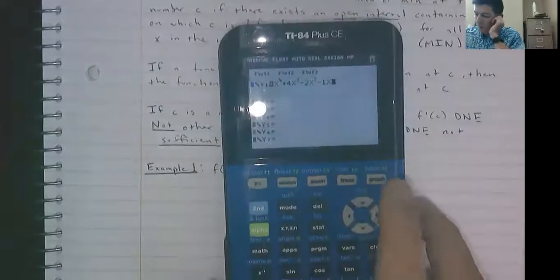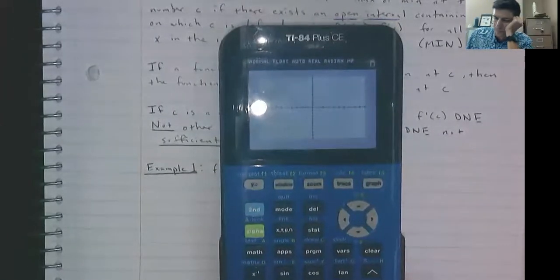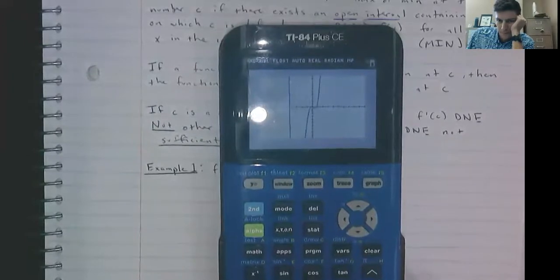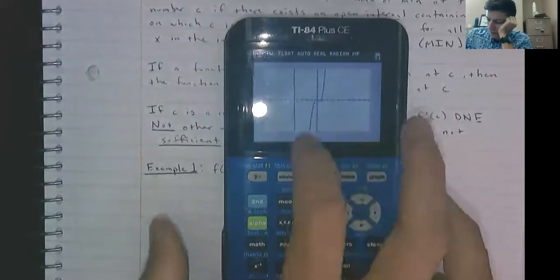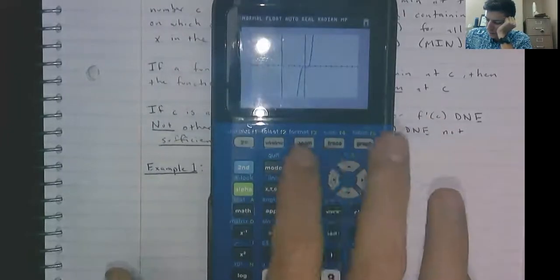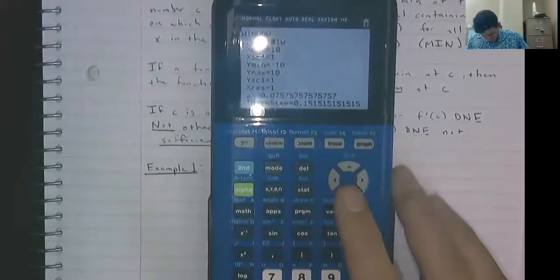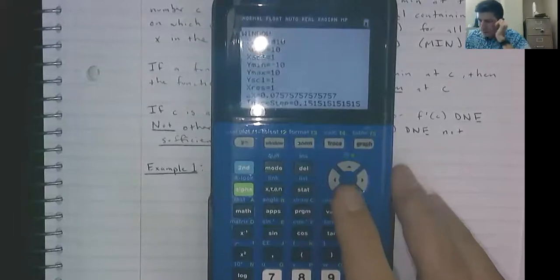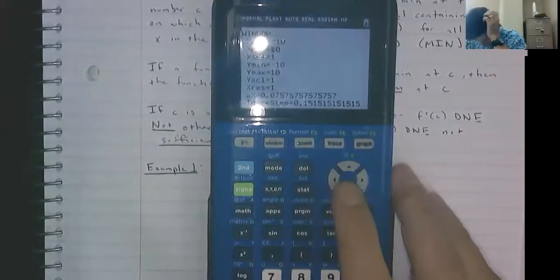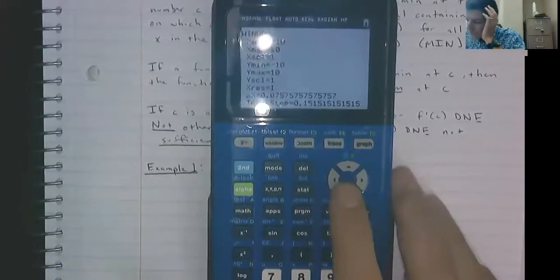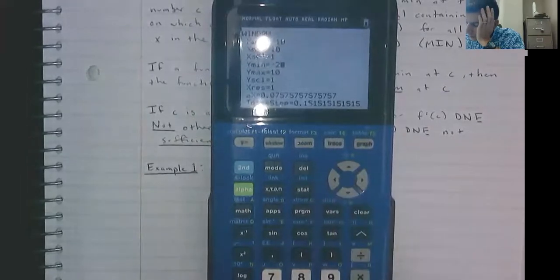And then we'll go graph. Let's maybe extend our y down a little bit. Window. Let's go down to like negative 20.